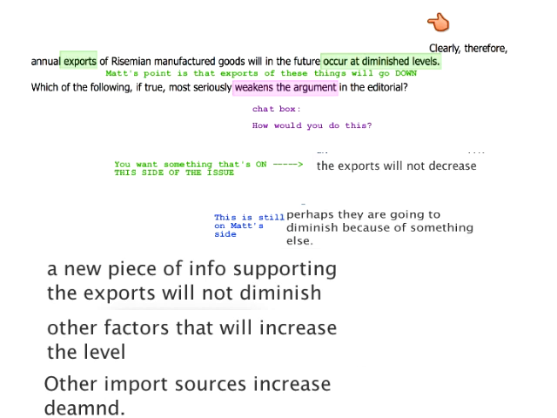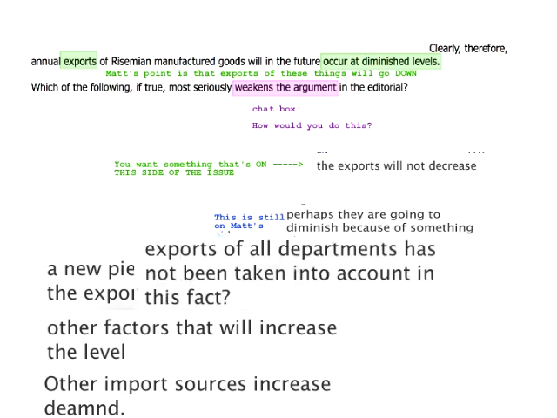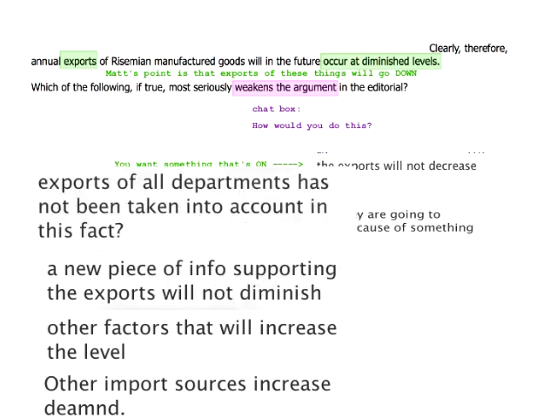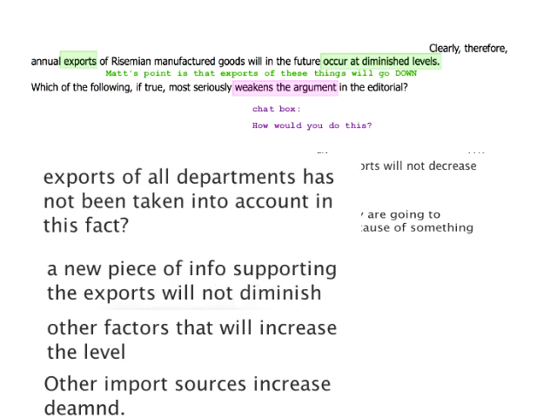Let me pull up one more, because there's not a lot of patterns in critical reasoning, but this is one pattern that really is an actual pattern. They look at one aspect of something and then they make a conclusion about the entire market, right?